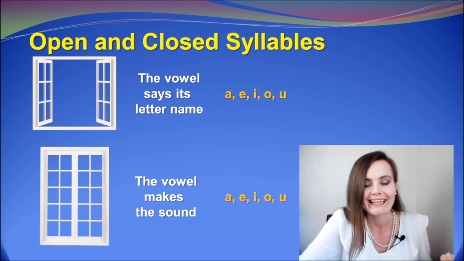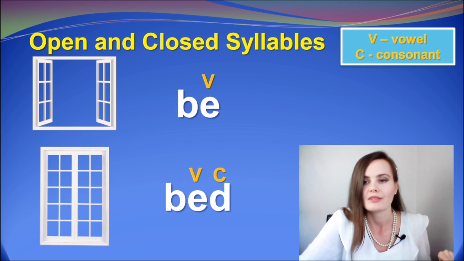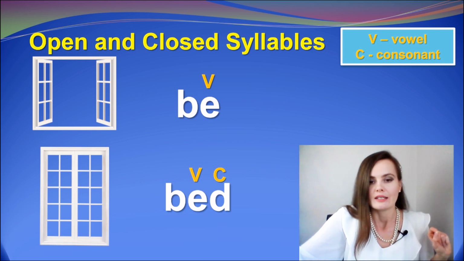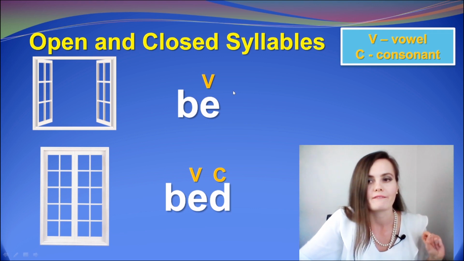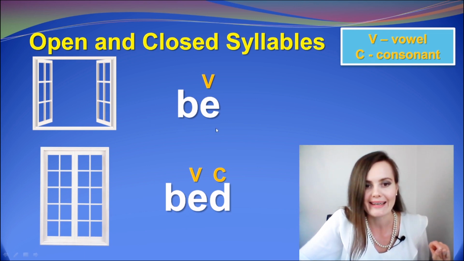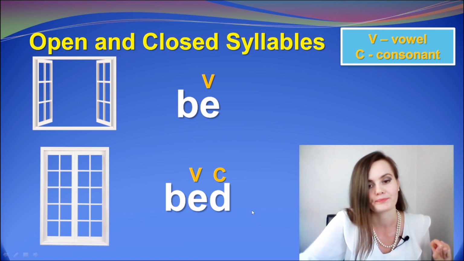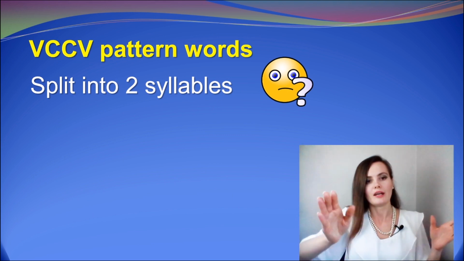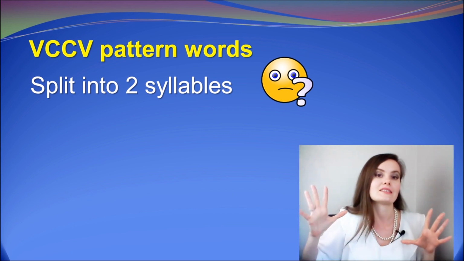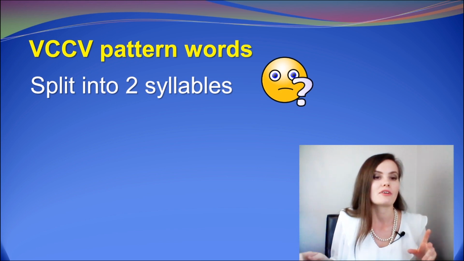Okay, so next, we discussed that we would show V for the vowel and C for the consonant. So we see the pattern in here: B, the syllable is open; bed, the syllable is closed by the consonant on the right side.